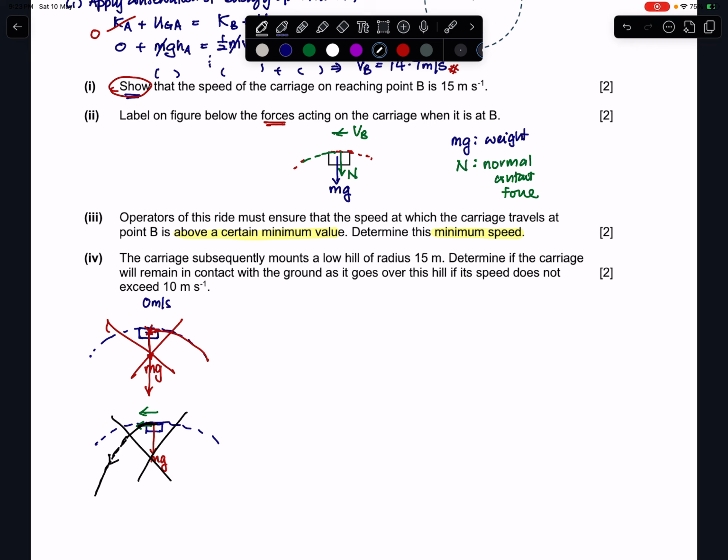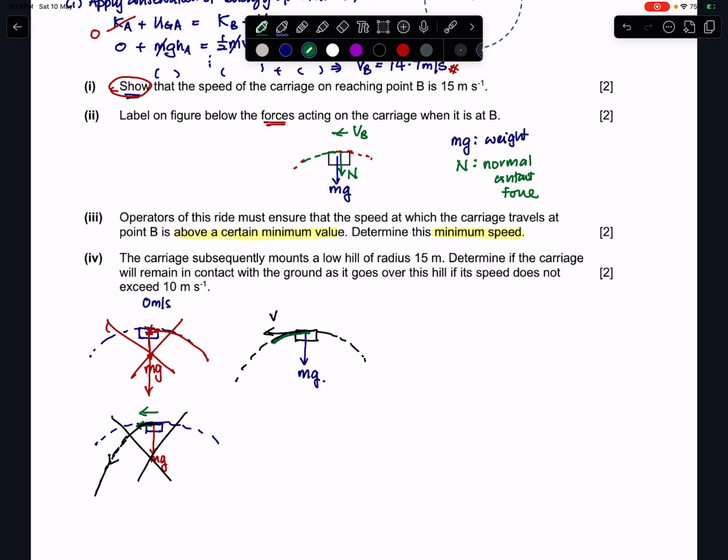So the speed must be sufficiently large such that when it has a speed here and the gravitational force acting on it, the parabolic motion curvature in the initial part will match that of the track, and then it will be just in contact.